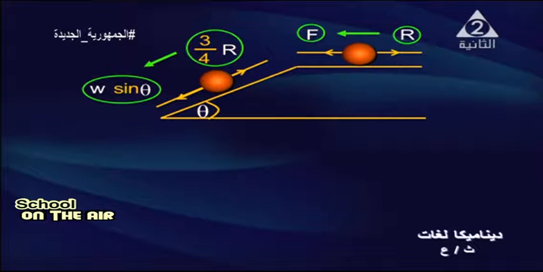Then F equals 0, and the car descends the inclined plane with uniform velocity under the action of its weight, W sine theta, and the resistance of the inclined plane to the car. And we know that the resistance of the inclined plane equals 3 over 4 of the resistance of the horizontal road.